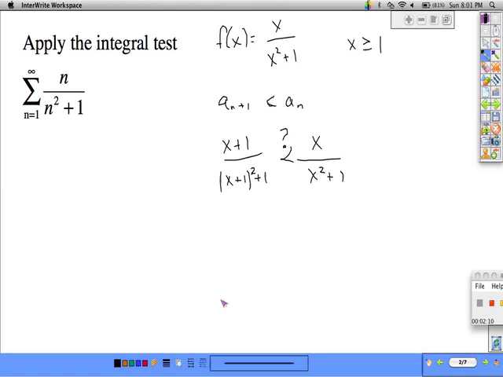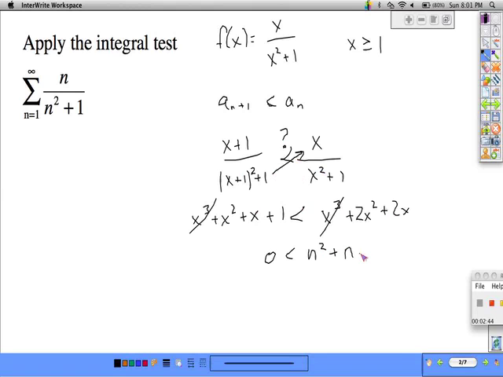And we can cross multiply here. We get x cubed plus 2x squared plus 2x, and then we get x cubed plus x squared plus x plus 1. If we get everything to one side, we end up with 0 is less than n squared plus n minus 1.